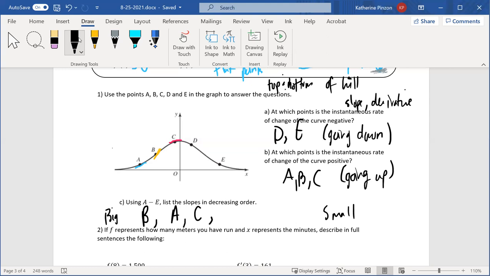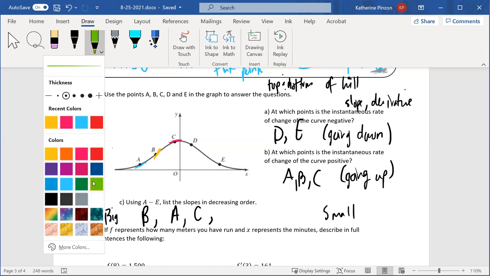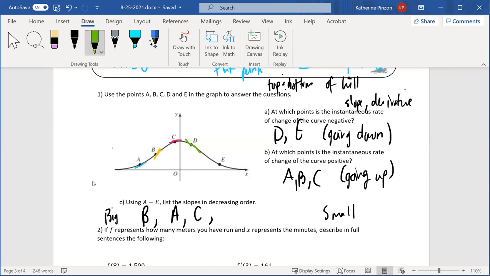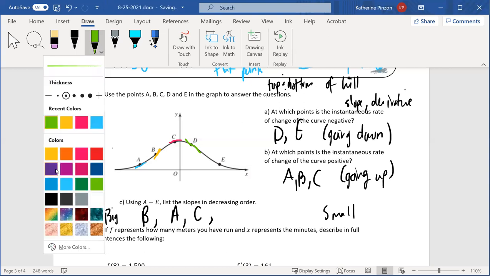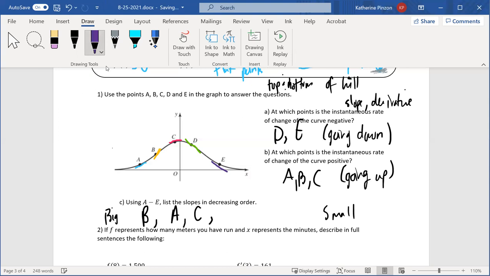Okay, now comes the hard part, D and E. Let me draw some lines there. Here's the slope at D. And here's the slope at E. There's the slope at E. If I'm going to label the slope at E, I'm going to call it like -1.